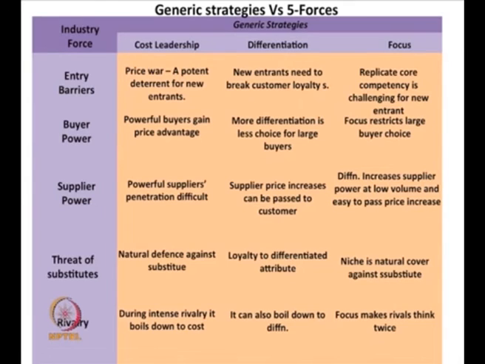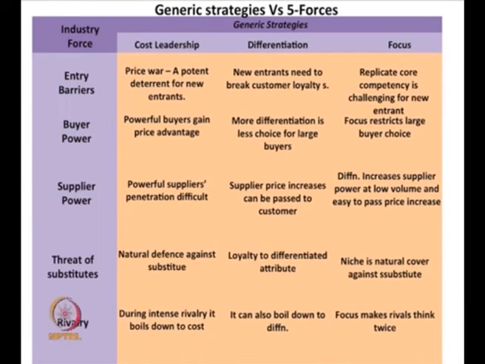And if I am a differentiator, I can just pass on price increases from suppliers to the customers. If I am a focused firm, I might have limitations because suppliers have more bargaining power because I am a low volume purchaser. But if I am a differentiated focused firm, then I will be able to pass on any increases in price to the customer.